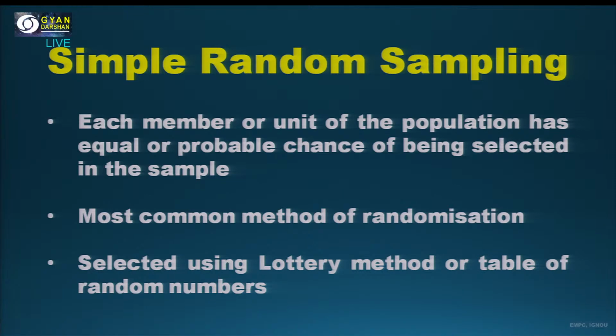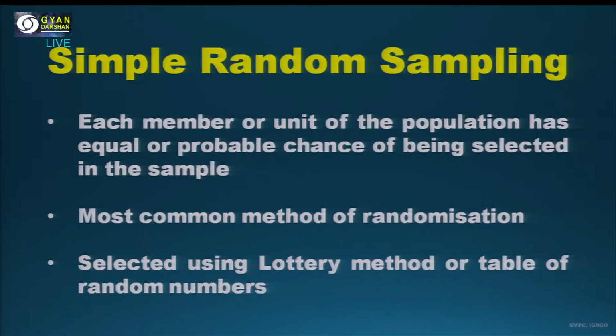If you have 100 samples and want 10 students from them, how will you select? One of the commonly used methods is the lottery method. You place the 100 samples, then pick and choose. The other way is the table of random numbers. For each of the 100 samples, you give a number, and from that you select 10 students or 10 units.